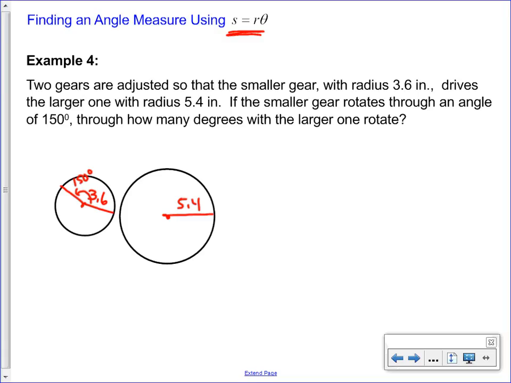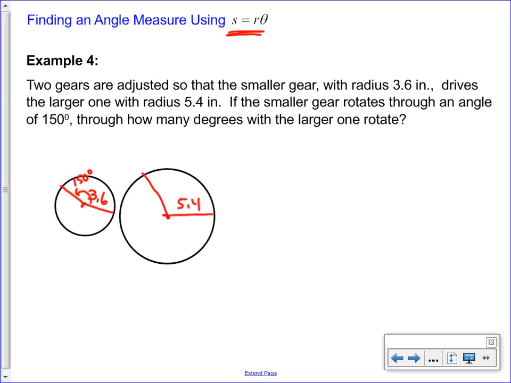So you'll remember that since they're gears, even though one is smaller than the other, they should share the same s. Whatever s, they're going to go the same distance. So the question is, how much did the bigger one go?